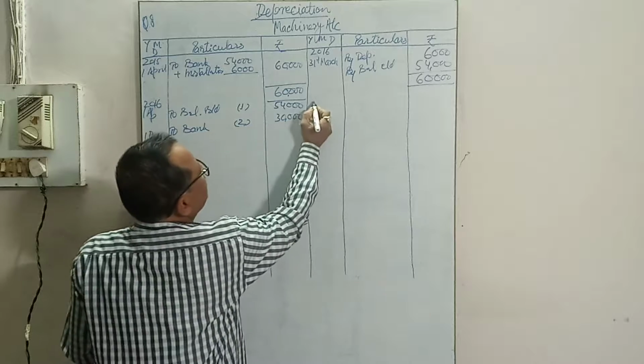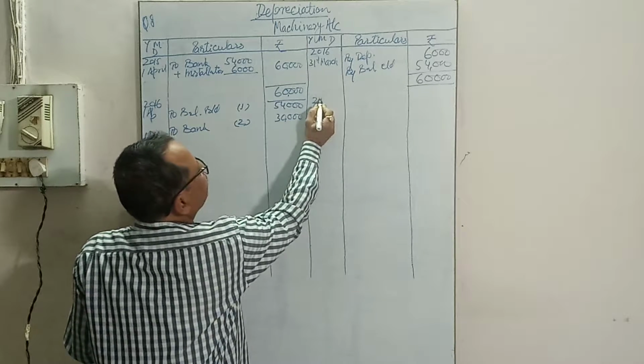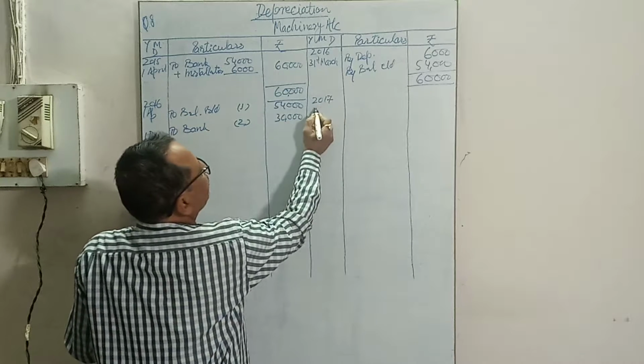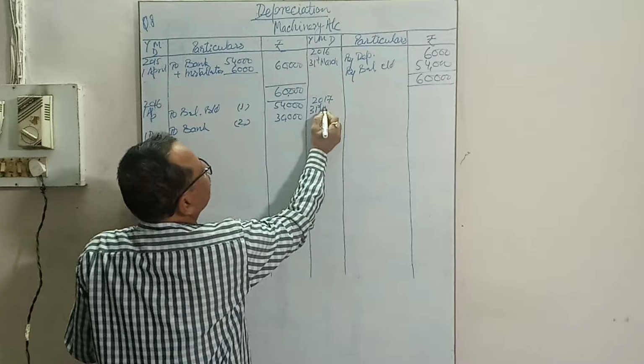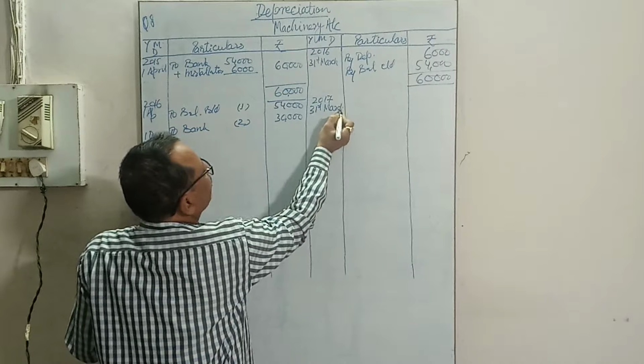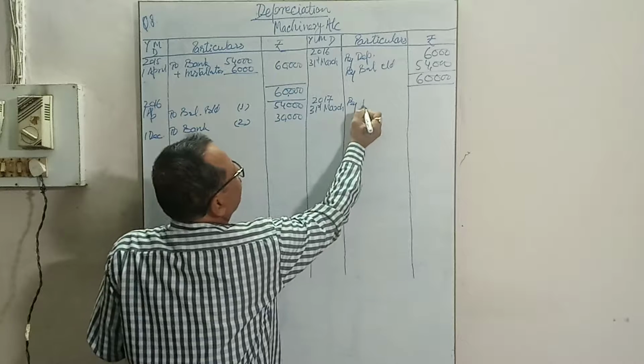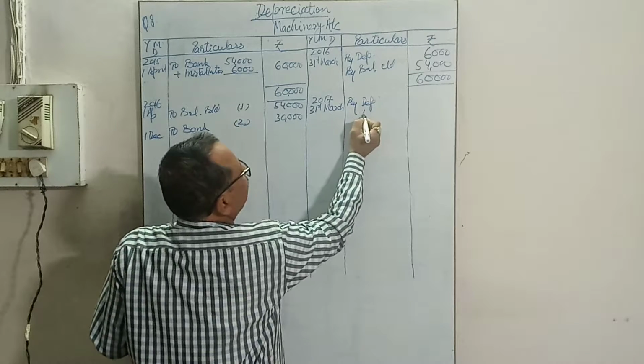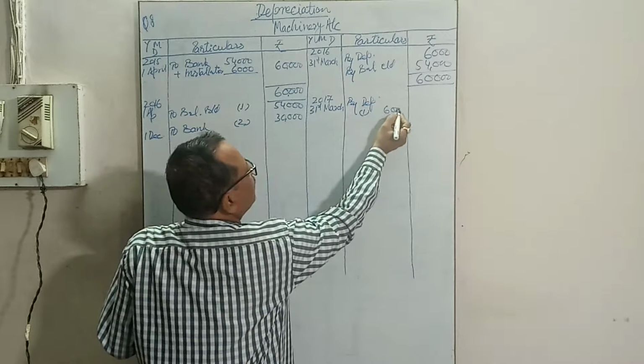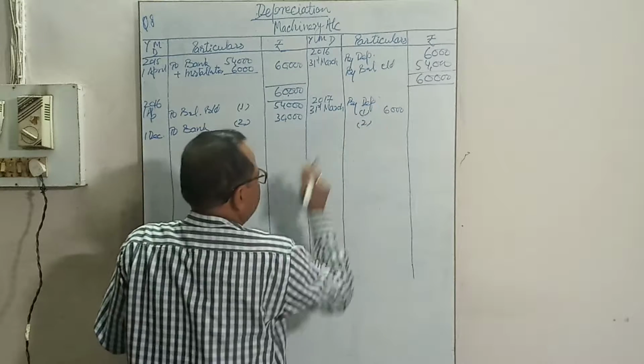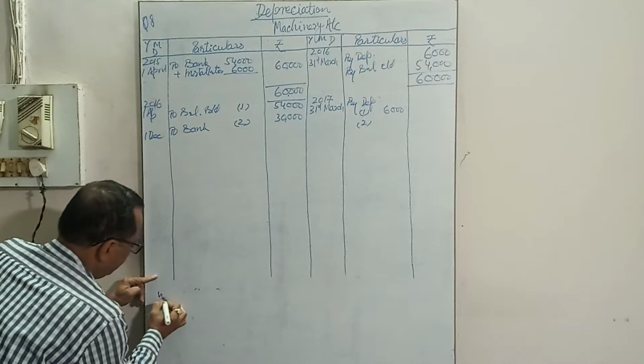On 31st March 17, by depreciation. First machine 6,000 fixed amount, but for the second machine in this year, see the working note.